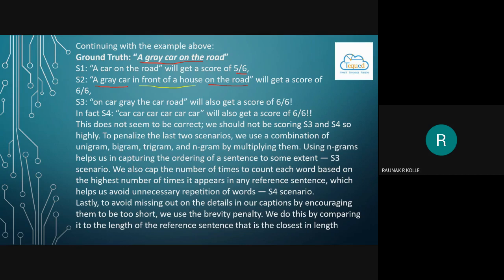Now if we neglect this part of the car being in front of the house, and we have just the 6 words grey car on the road, this sentence will also score 6 out of 6.